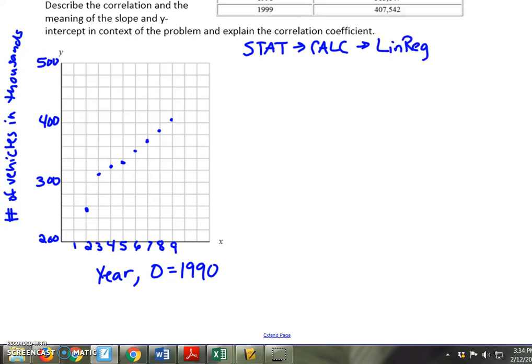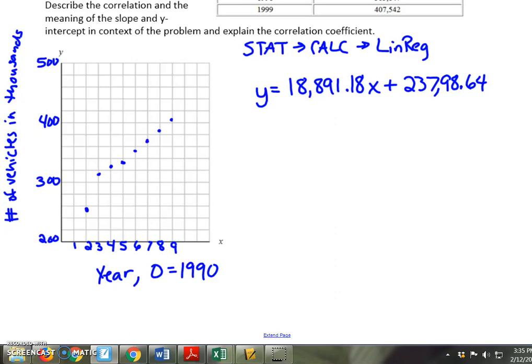I run that, and I end up with the equation y equals 18,891 point, we'll say 18 x plus 237,980.64. We really could have rounded to the nearest whole unit, which might make more sense in context of the problem.